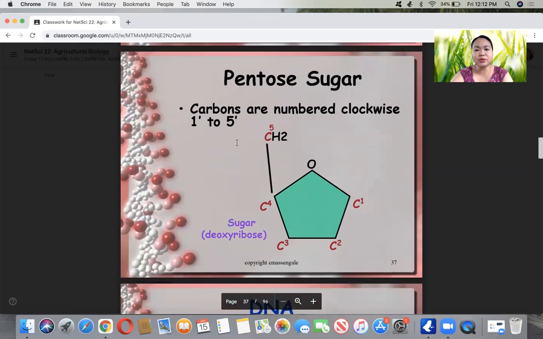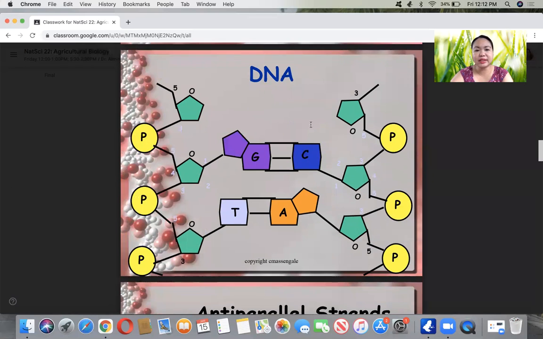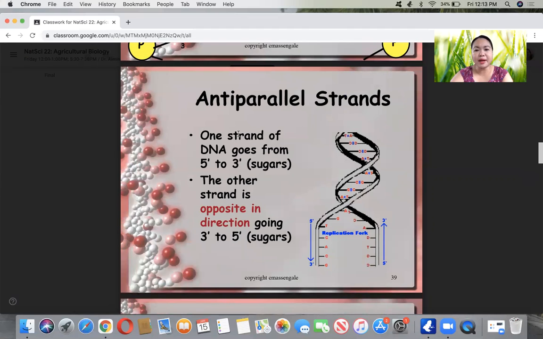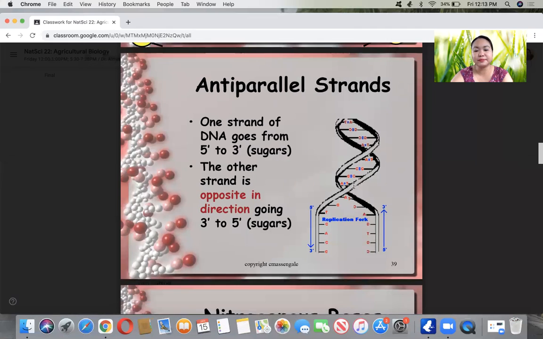The pentose sugar carbons are numbered clockwise from 1 to 5 as shown in the figure. So this is the DNA structure again, and it has anti-parallel strands. One strand of DNA goes from 5 to 3 sugars, the other strand goes in the opposite direction, 3 to 5 sugars, as shown on the figure here.